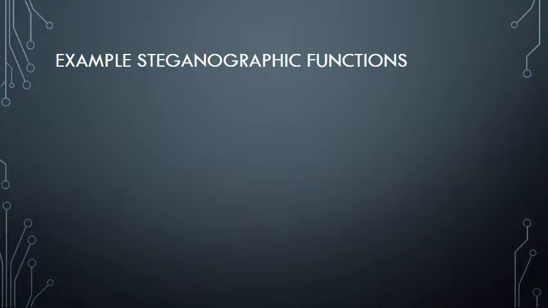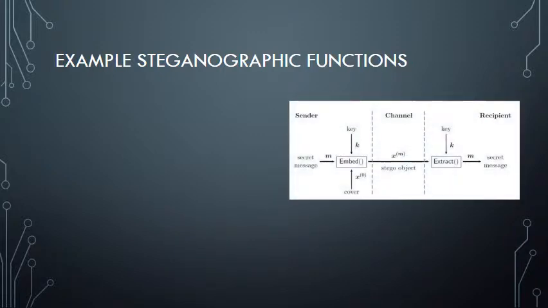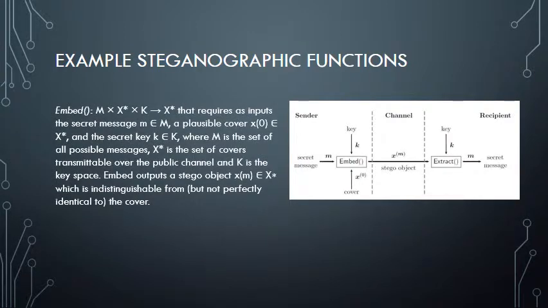From a discrete mathematical perspective, there are basically two steganographic functions illustrated here. The embed function requires as inputs the secret message in a set of all possible messages, a plausible cover in a set of all covers transmissible over a given channel, and a secret key from a known key space.